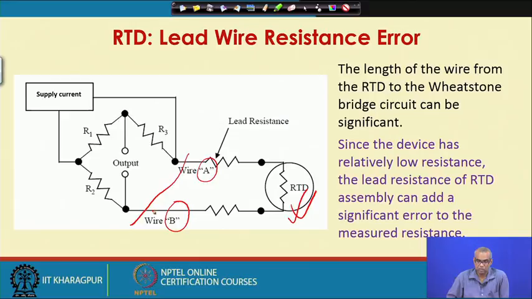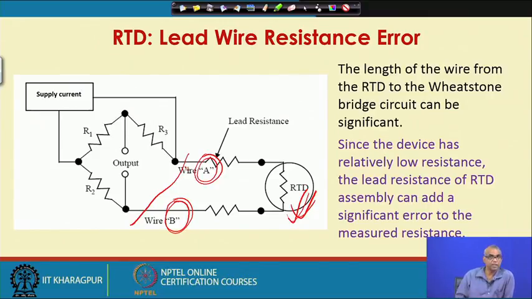So, the change in resistance will happen not only due to change in temperature as indicated by the RTD, there is additional resistance of wire A and wire B. Since the device has relatively low resistance, the lead resistance of the RTD assembly can add a significant error to the measured resistance.